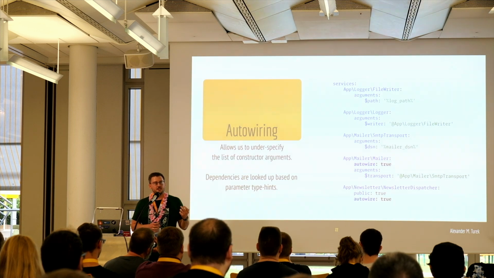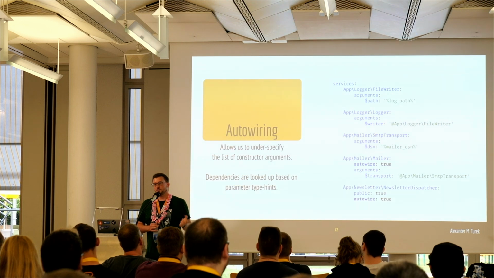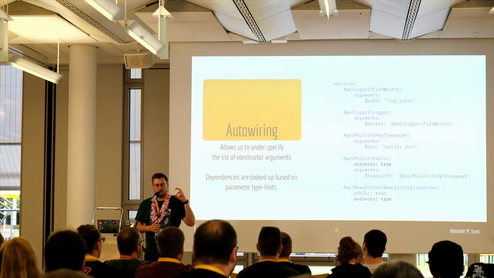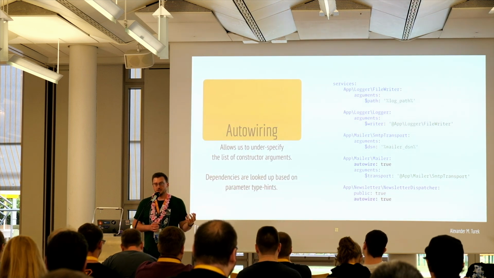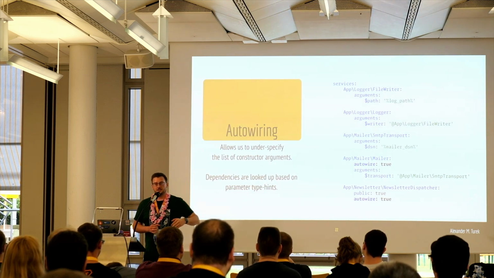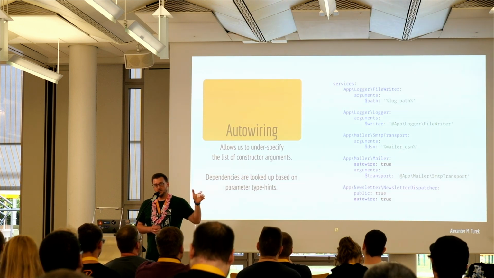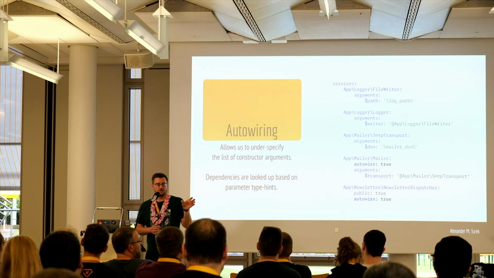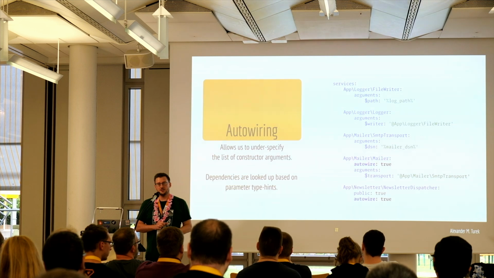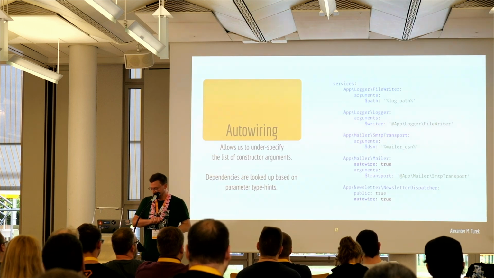What happens then is that during compilation, the container will look at the constructor, will check if all the parameters are fulfilled, and if they are not, it will try to find a service where the ID matches the parameter type. And if it finds that service, then this service is automatically wired. So this makes our argument lists a bit shorter.